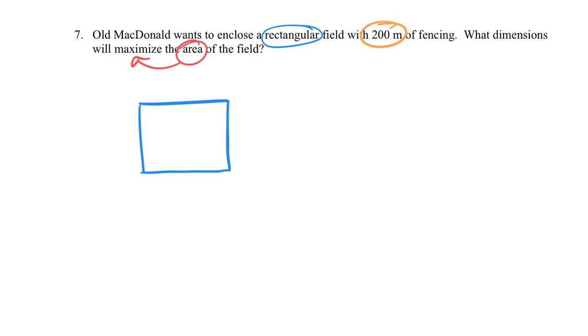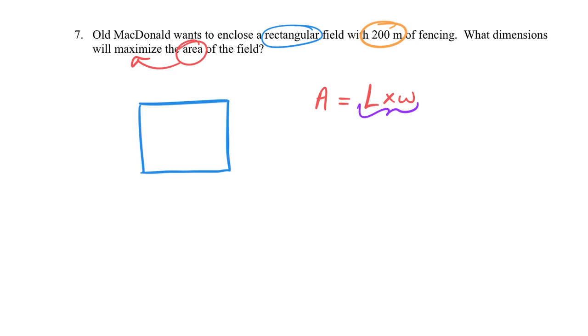Okay, let's focus in on the red. The problem asks me to find an area that is maximized. If I'm going to maximize the area, then I need to build an area function. My problem is me writing L times W creates my function in two variables, L and W. I can't have that.